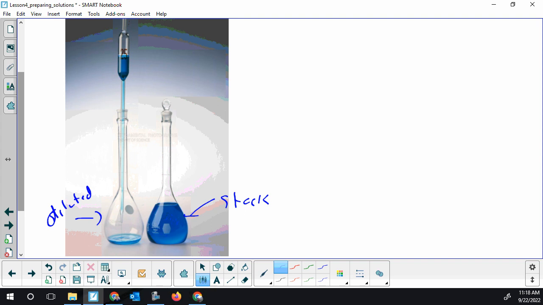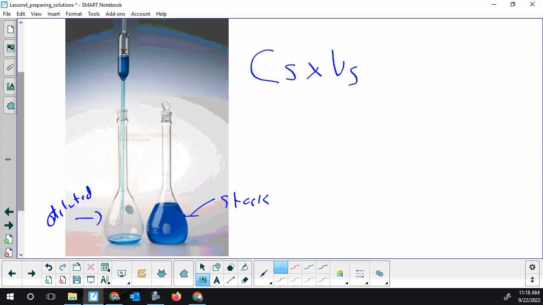To do the dilution ratio, we're going to take the concentration of the stock, so our concentration of our primary standard, times the volume of the stock that we transfer. So this is the trickiest piece. We don't care how big that stock bottle is.